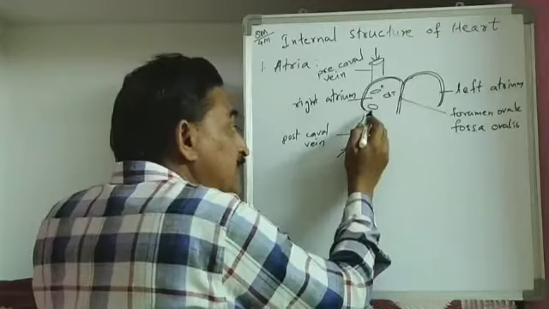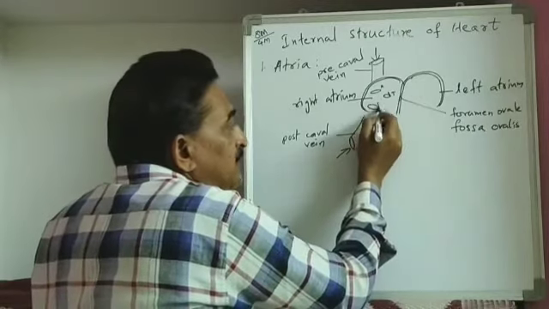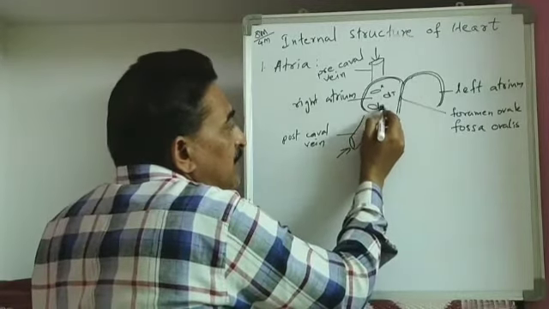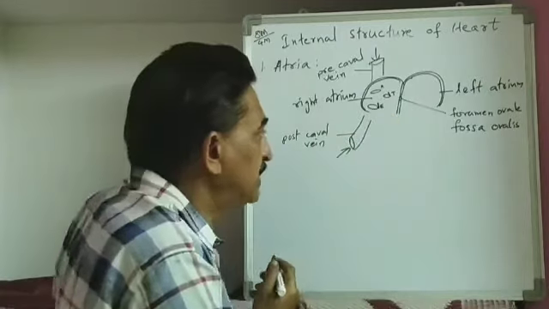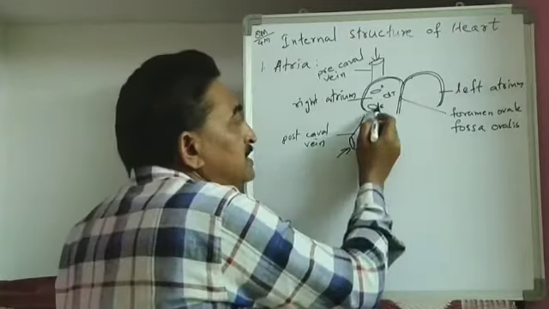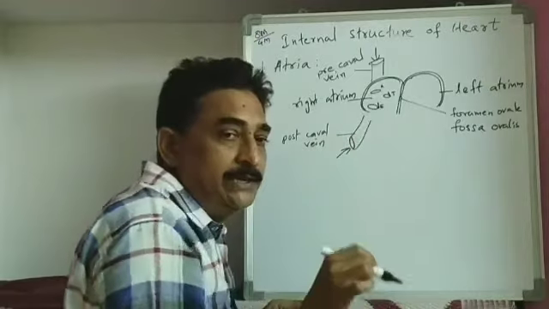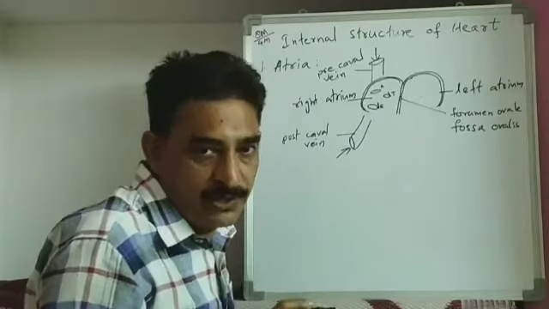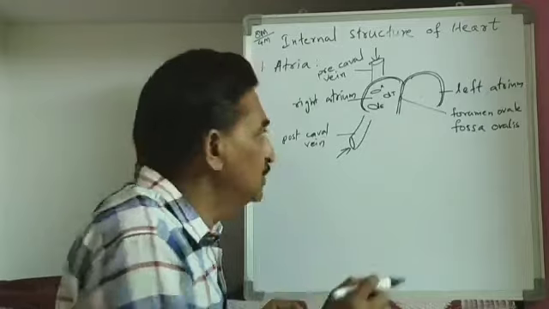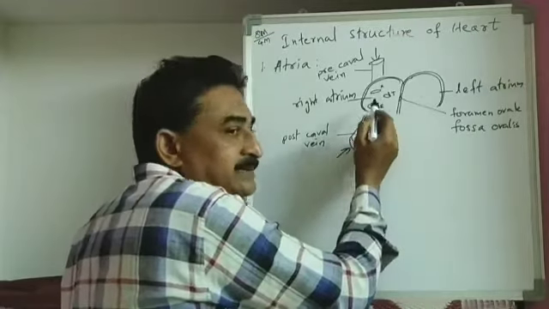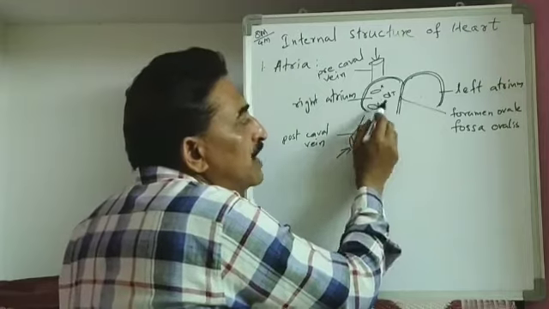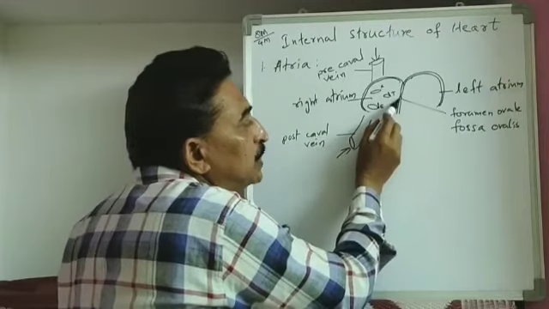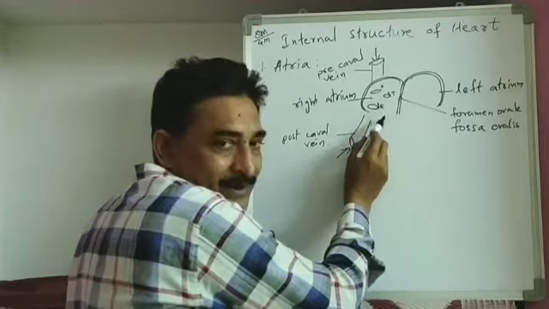At the opening of the postcaval vein, there is a valve called the Eustachian valve, starts with E. This valve is functional in the embryonic stage only. It directs the blood flow towards the left atrium through the foramen ovale.